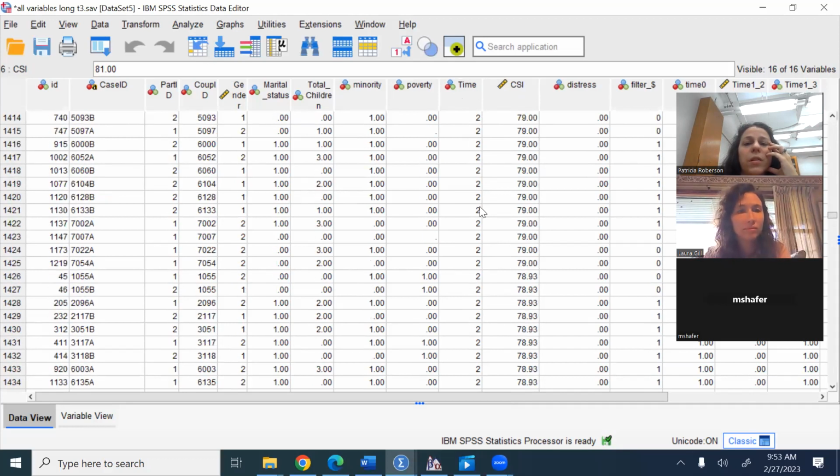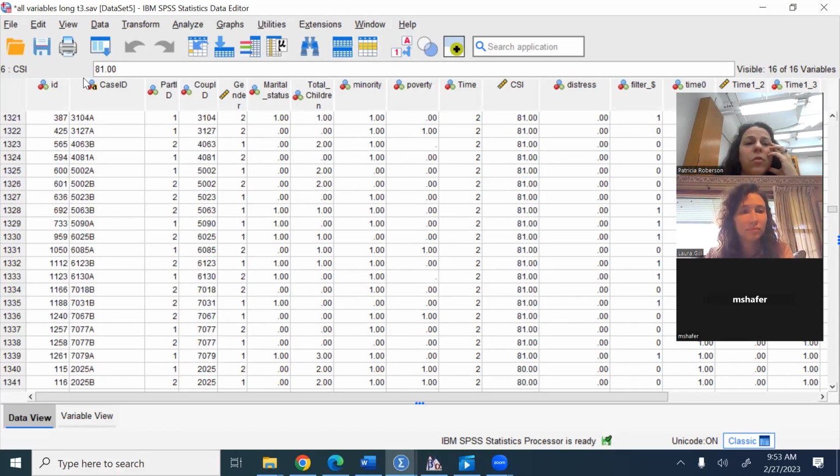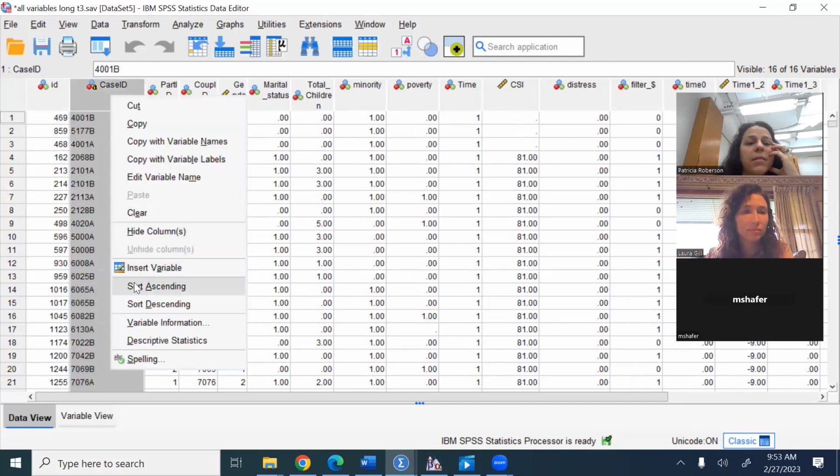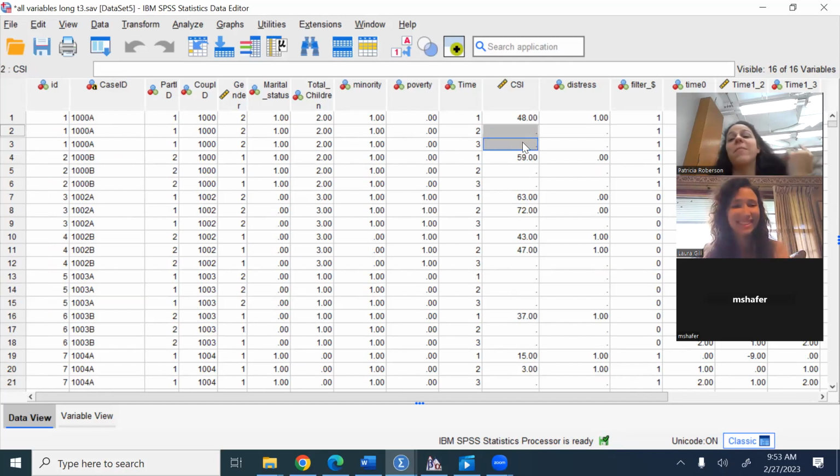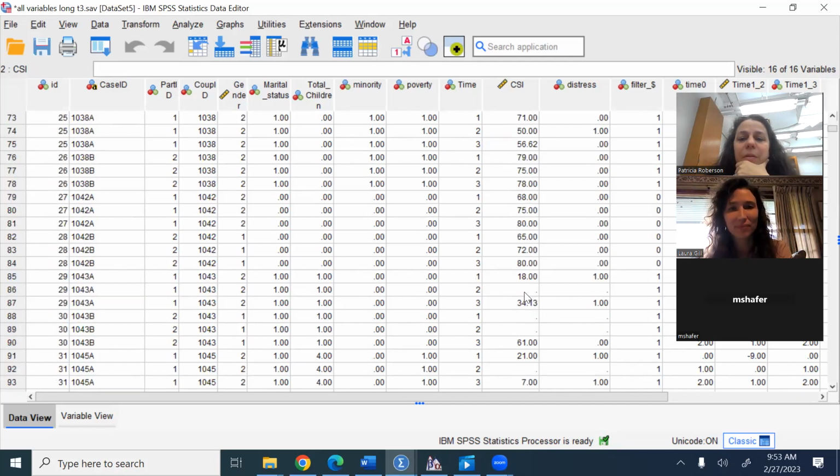If you sort by case ascending, you see that this same ID 1000A is in here 3 times. But what we also see is they dropped out of the study. So we have missing data at time 2 and time 3, which is actually really common for this data set.